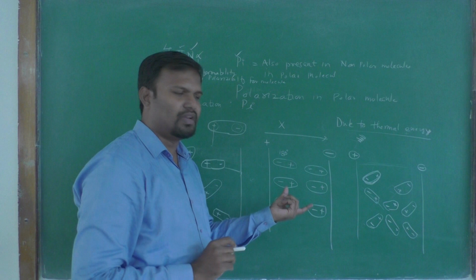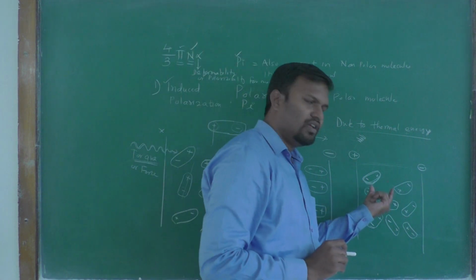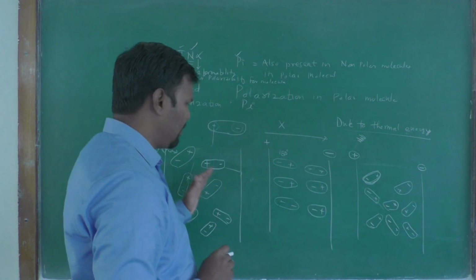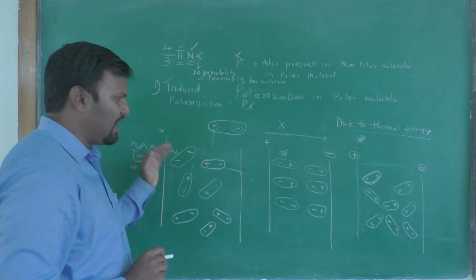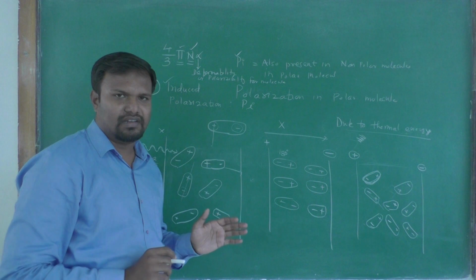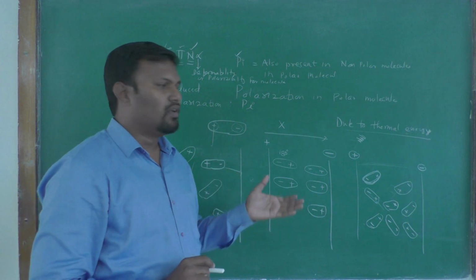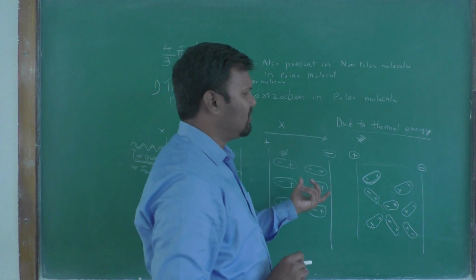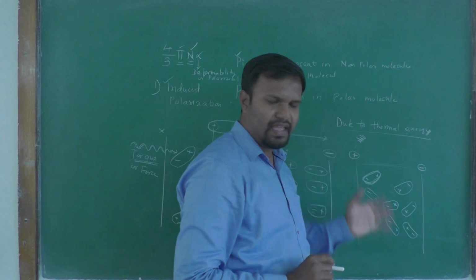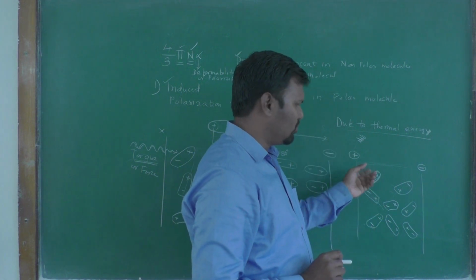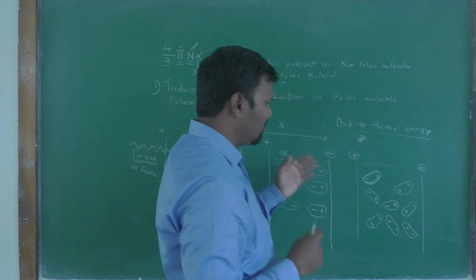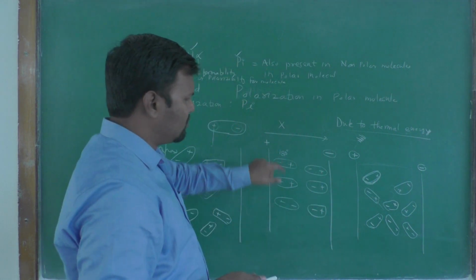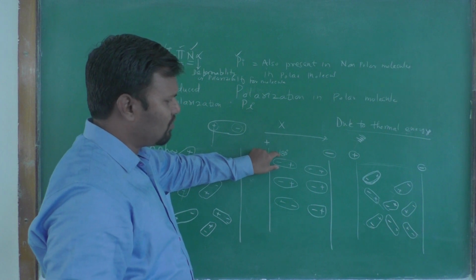Due to thermal agitation, the molecule takes a position in between its original position and the applied electric field. If the temperature is higher, the vibration will be higher, and the position is not fully aligned.